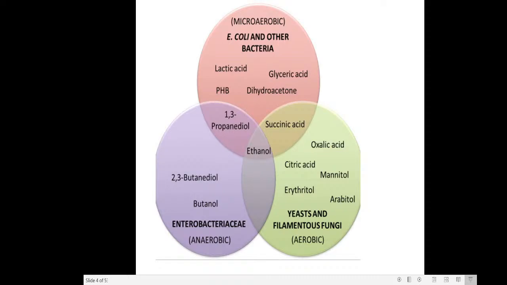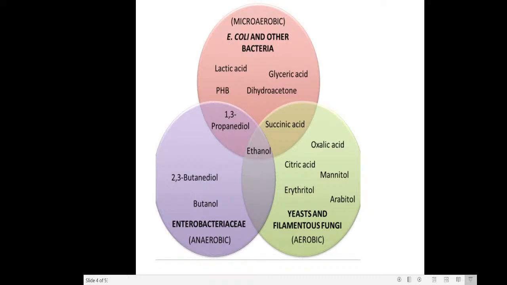In this case, as I told you for ethanol production, we need a higher quantity of glucose in the medium. In this PHB production process, we need a higher quantity of nitrogen source in the medium. The nitrogen source is absorbed and stored in the cell, in lipid form.